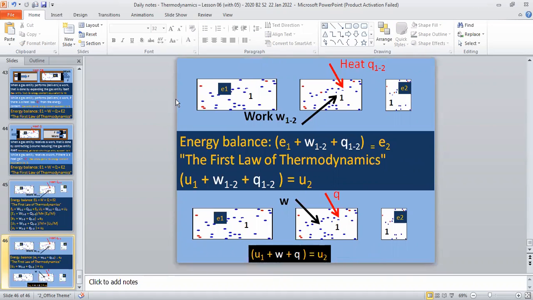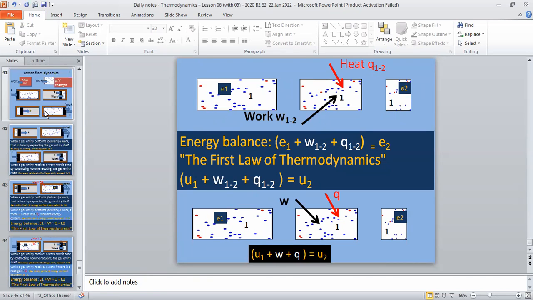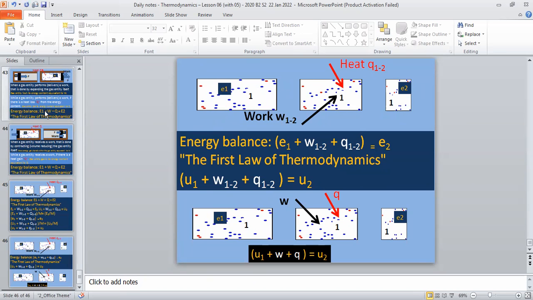Whatever it is understood. Okay. U1 plus W plus Q is U2. That's it. Oh, this way. Same. Okay. Yes. I believe it is okay for you. Just some little clarifications. A very little one.